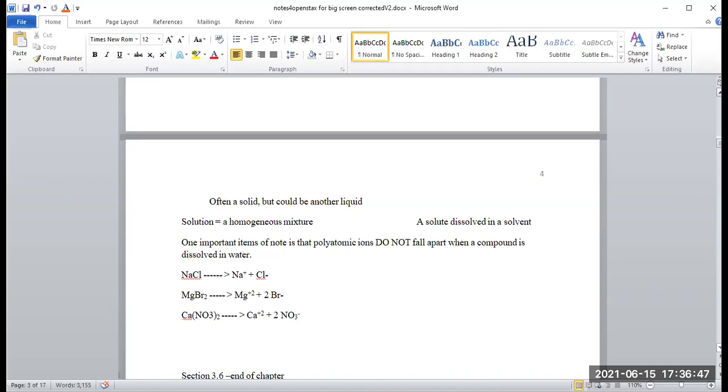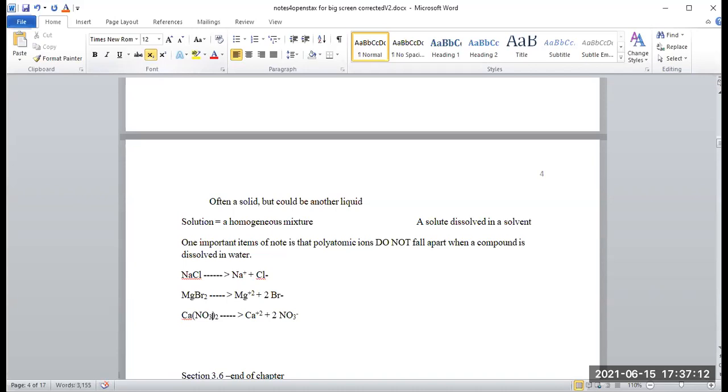There are other things that fall apart because you dissolve them in water, and also you can make polyatomics fall apart if you do things like add acids and set them on fire and that kind of thing. But just dissolving them in water doesn't make the polyatomics fall apart.